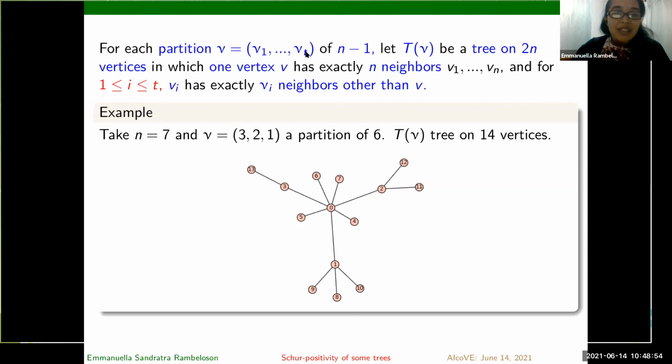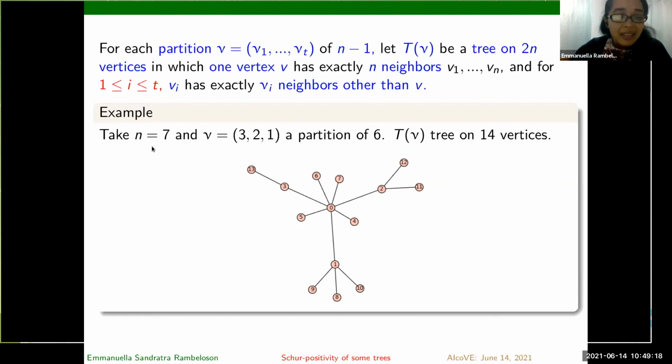Remember, t here is the length of this partition. t of these vertices are not leaves, and t of these vertices have parts of nu as the number of neighbors other than V. All right, let's see an example to understand it very well.